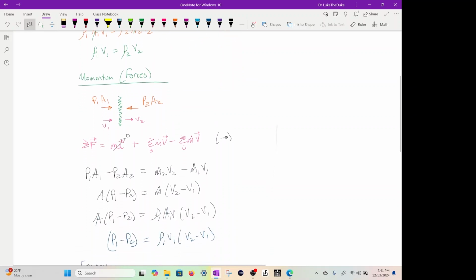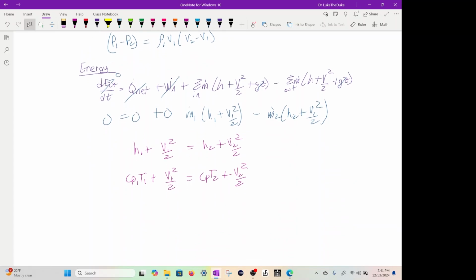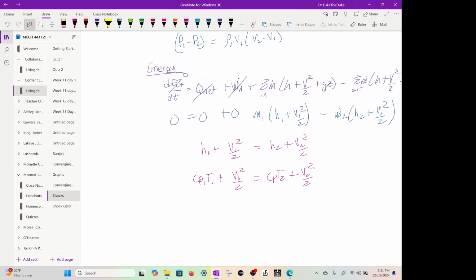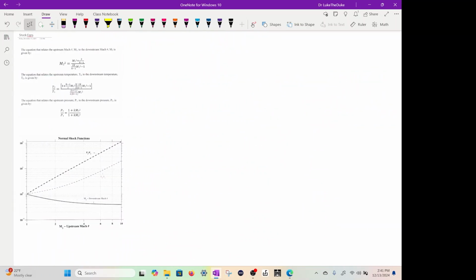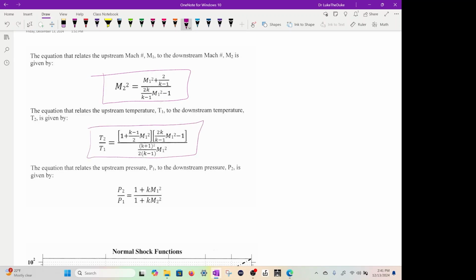Why am I showing you this? Because you could take those three, plug in more algebra, more equations, and you'll end up getting equations like these that relate upstream Mach number to downstream. This one here relates the downstream and upstream temperatures to Mach number.